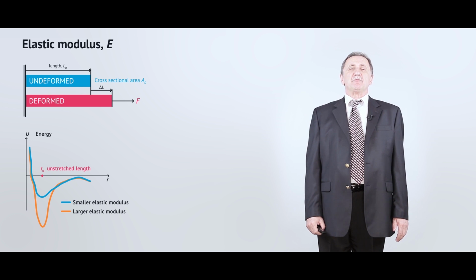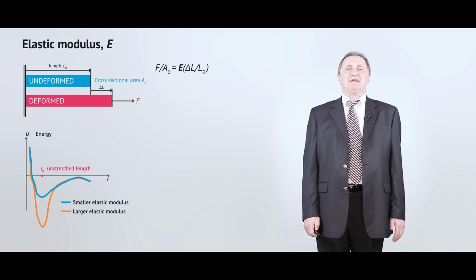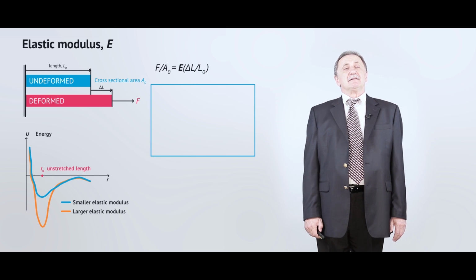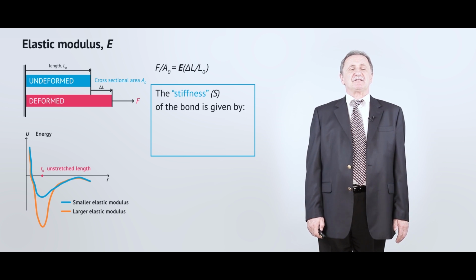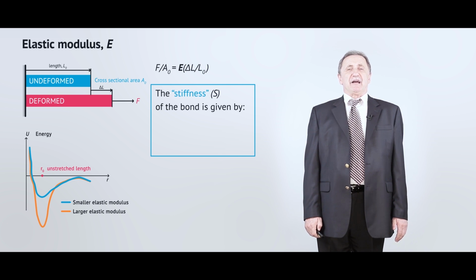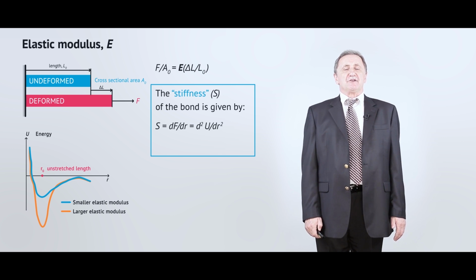It means that it will be proportional to the curvature of the characteristic energy-distance function at the point R equals R0.